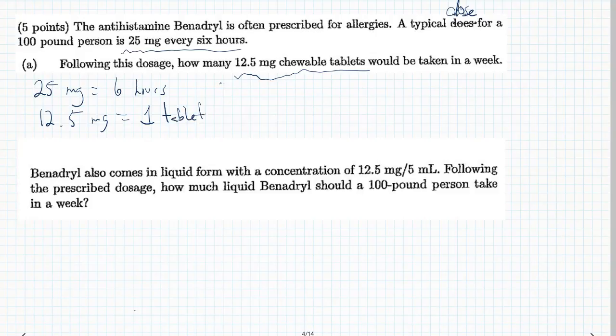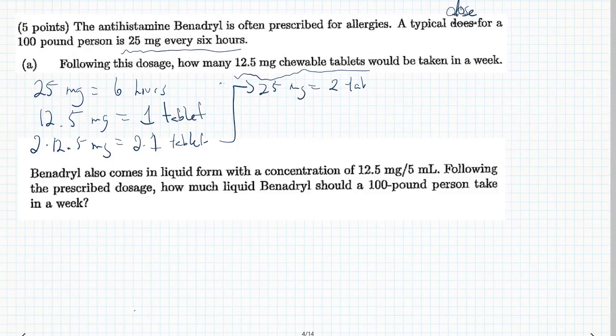So notice, how do we get to 25 milligrams? If you multiply both sides by 2, 2 times 12.5 milligrams, and if there's any questions along the way, let me know, equals 2 times 1 tablet. Notice, what do we get? Well, we result with 25 milligrams equals 2 tablets.